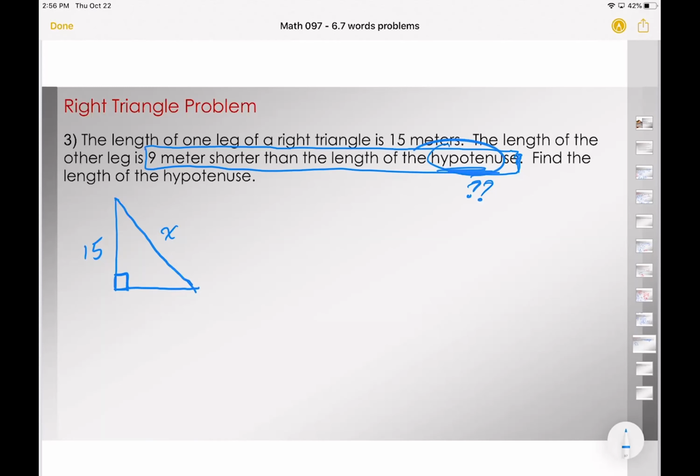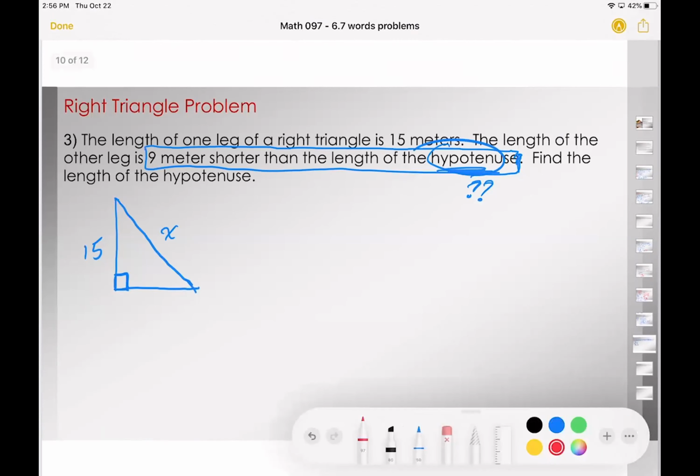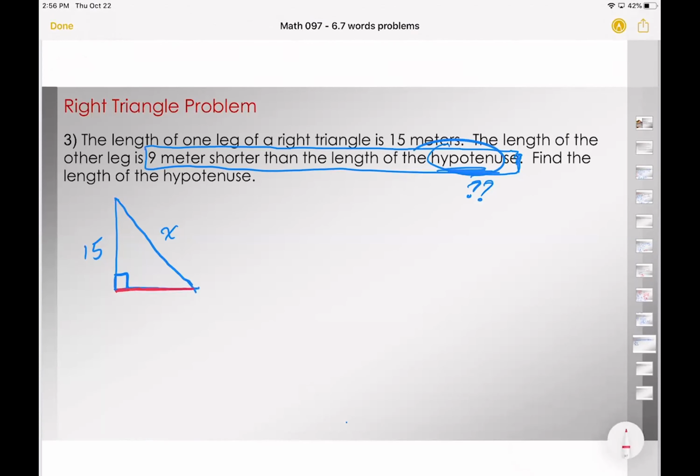Now, if my hypotenuse is 10, then this item will be 1, because it is 9 meters shorter than the hypotenuse. So basically, whatever my hypotenuse is, do you agree that the length of this item right here is 9 meters shorter than the hypotenuse? Meaning this item has to be 9 meters shorter than whatever the hypotenuse is.